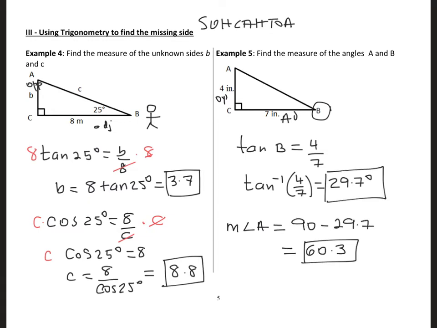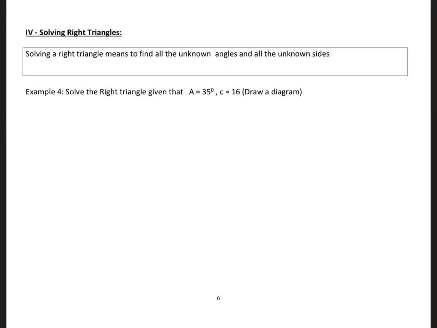And that's all I was supposed to do. Here we are being told to solve a right triangle, which means finding all the unknown sides and the angles. So let's sketch the triangle. What is given?